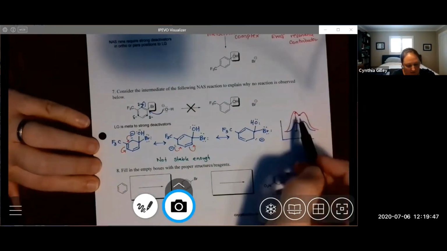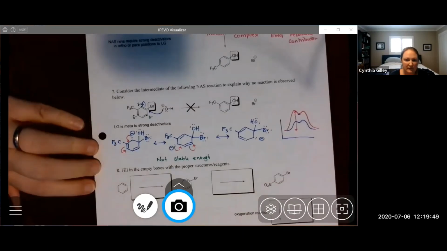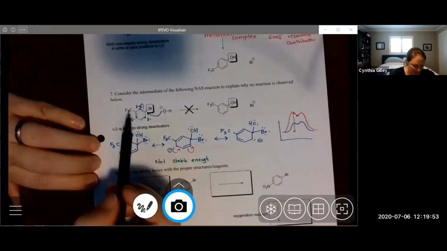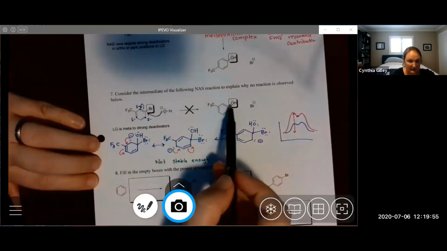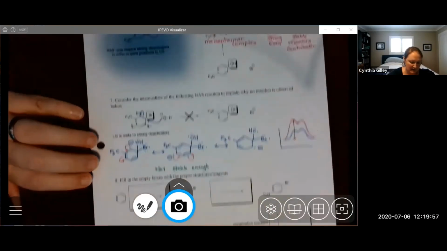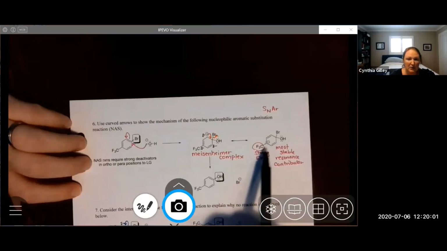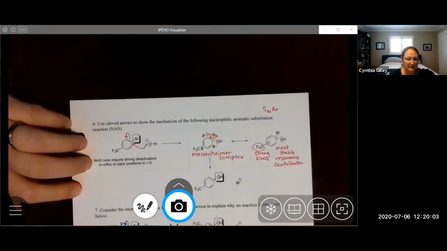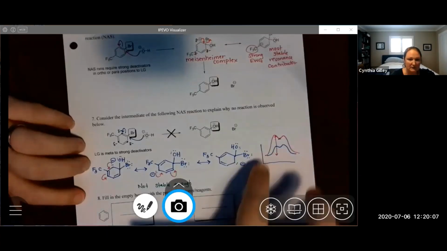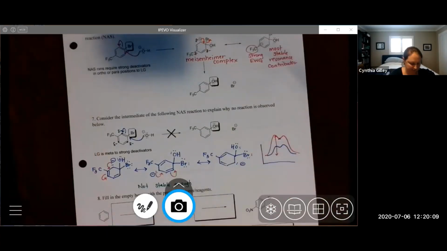This slows the rate of the reaction down. So that's why the electron withdrawing group must be ortho or para to the leaving group. Because when it is, we're able to form this stable Meisenheimer complex, which means the activation energy is more reasonable for the reaction.